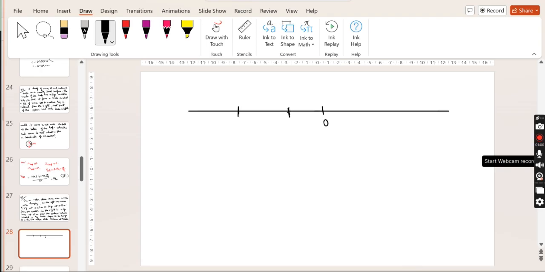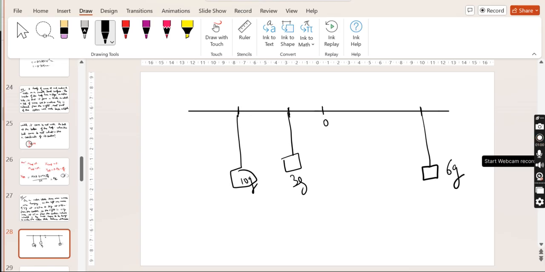So at point 2, 3 gram, at point 4, 10 gram. At point 5 here, there is 6 gram. So we need to put a 4 gram on the stick so that the center of mass will be at the center of the stick.